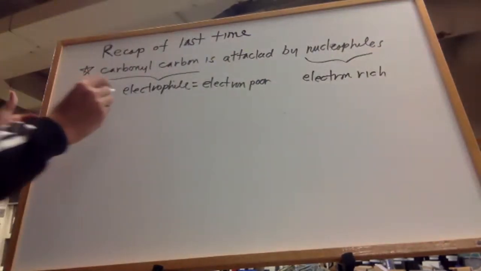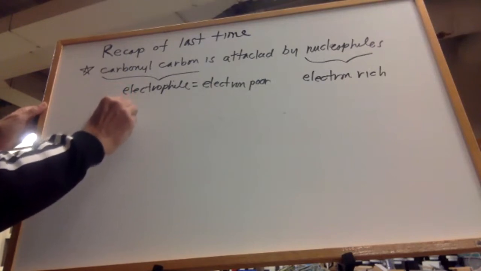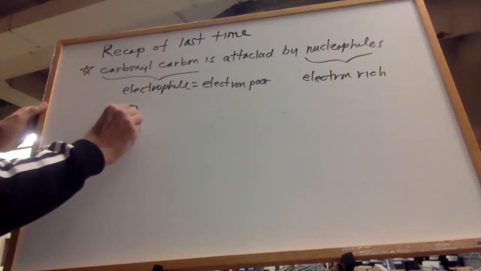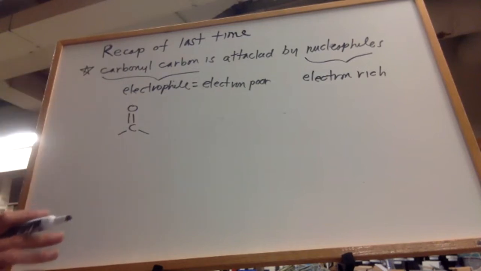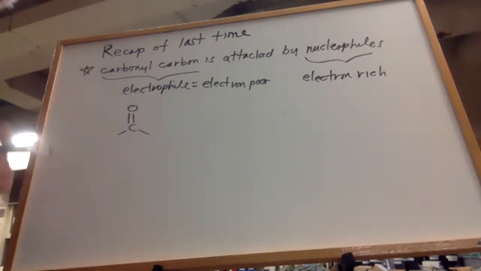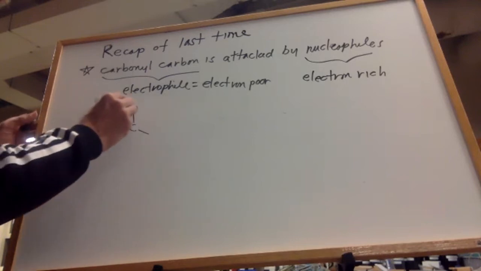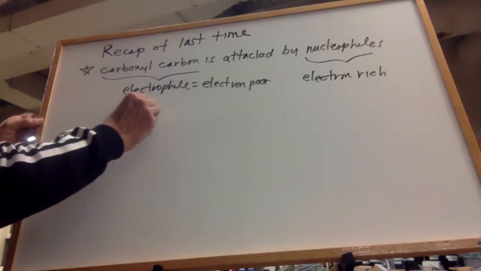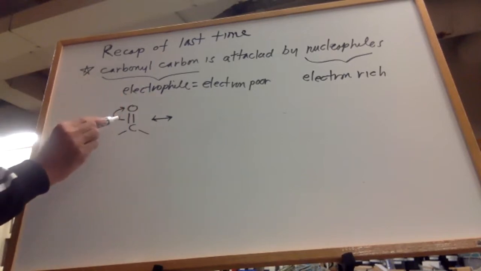Okay, and we saw that the carbonyl carbon is an electrophile because the carbonyl oxygen is highly electronegative. It's greedy for the electrons of other atoms. It's sucking electrons away from the carbonyl carbon. And we express that withdrawal of electron density by the carbonyl oxygen using this formalism called resonance. See this arrow here?